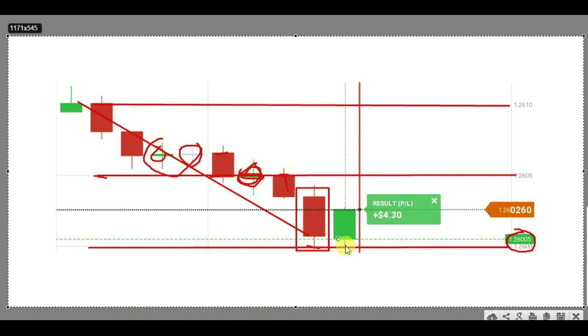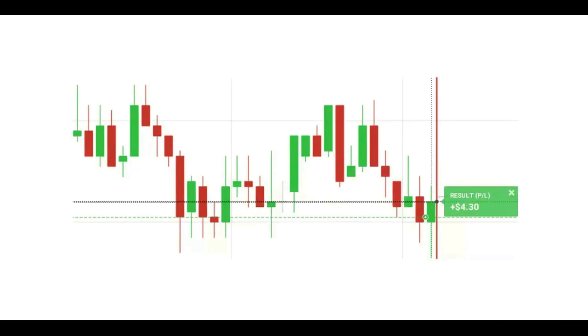So I was waiting for confirmation from buyers, but it only made a few pips down here, and then buyers are trying. When I saw buyers trying and it got a little rejection, then I placed a trade at the level, and finally this is a winning trade. Okay, so let me show you another example here.